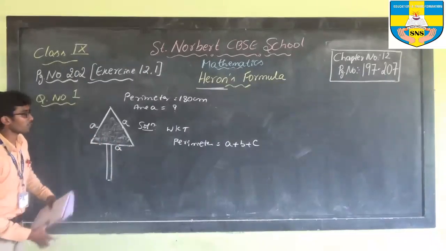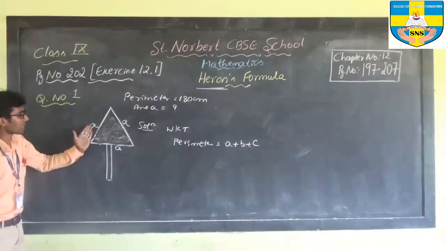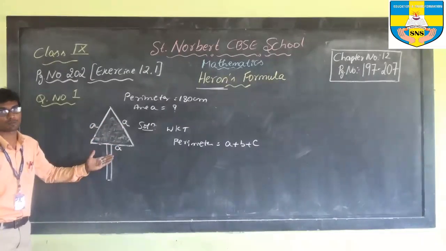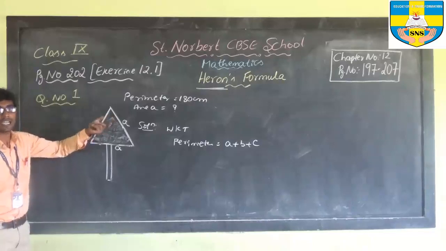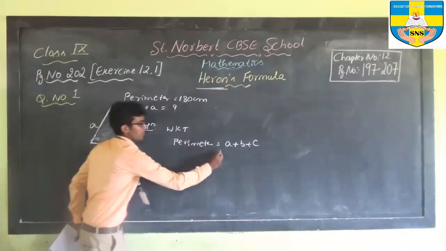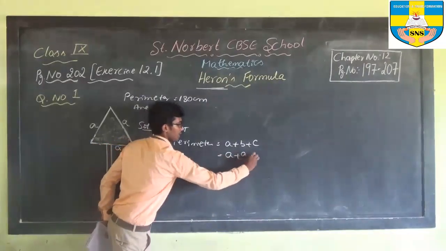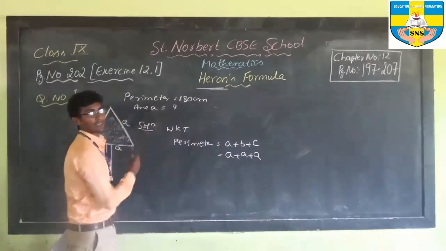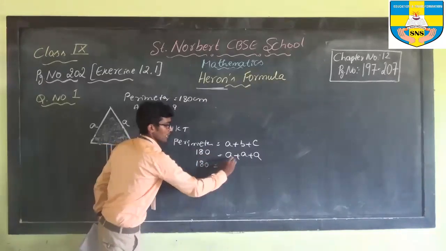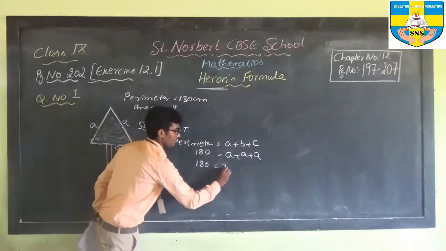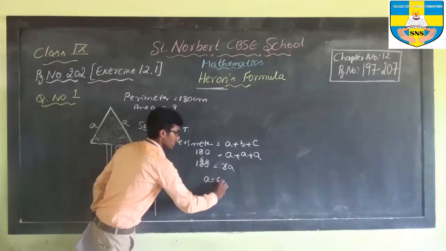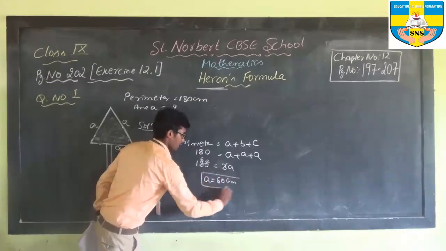If all three sides are equal, I can write A instead of writing A, B, C. Is it okay to understand? So I can write A is equal to perimeter, which is given in the question as 180. So 180 is equal to 3A, then A is equal to 60 centimeter.